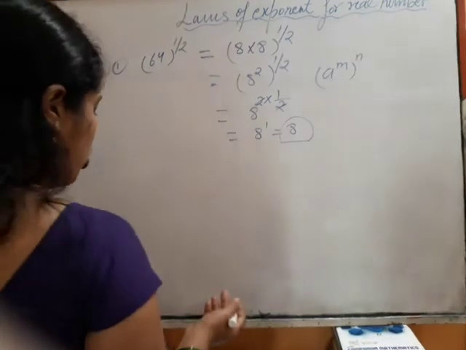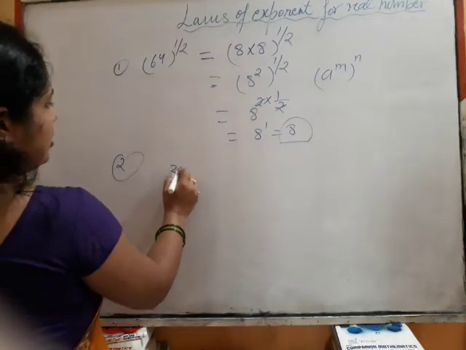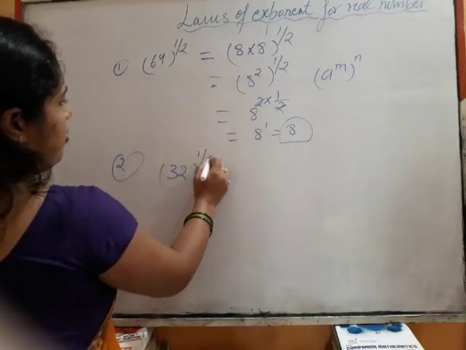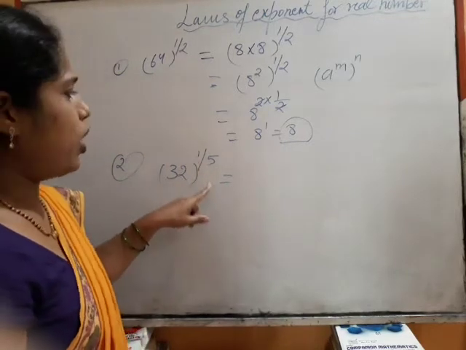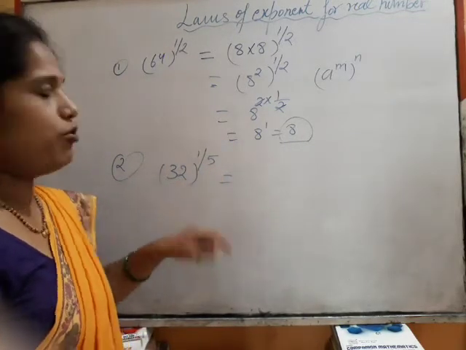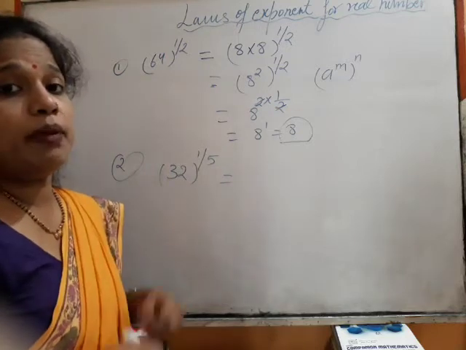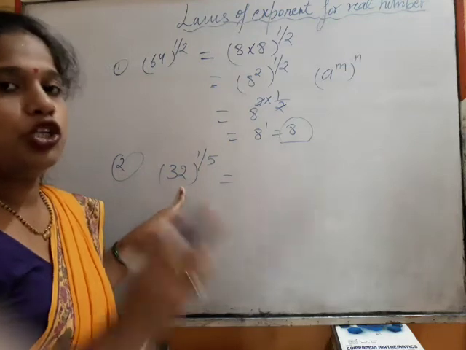Okay. One more question based on this. 32 raised to the power 1 upon 5. Now according to what I have said, the number which is in the denominator, we have to find a number which we multiply 5 times to get 32. What will be that? 2.